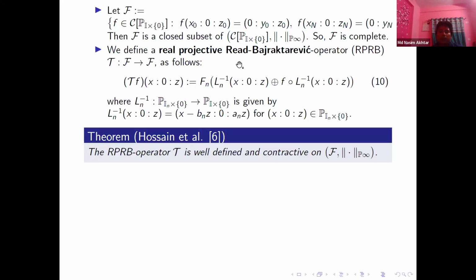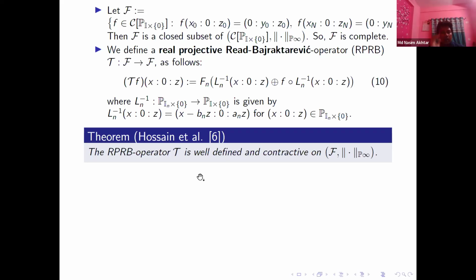So one can define the RB operator. Here we are naming it the real projective RB operator T from F to F, as Tf[x:0:z] equals Fn(L inverse[x:0:z]) plus f composed with L inverse[x:0:z], where L inverse maps from the projective subinterval to π cross 0 and is given by L inverse[x:0:z] = [x minus bn z : 0 : an z] for [x:0:z] belonging to πn cross 0.